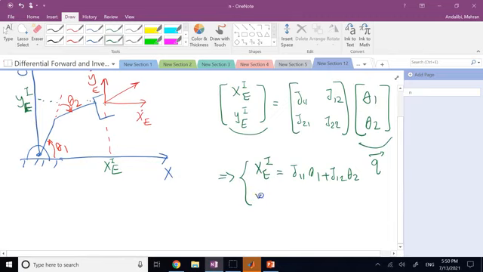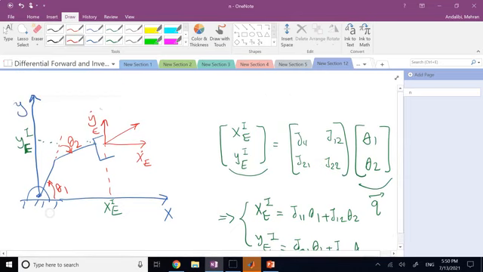There was no linear relation like this. If you remember, your forward kinematics equations were all nonlinear, so I could never write them in a matrix format. You can only do that when everything is a linear relation. And they were not.